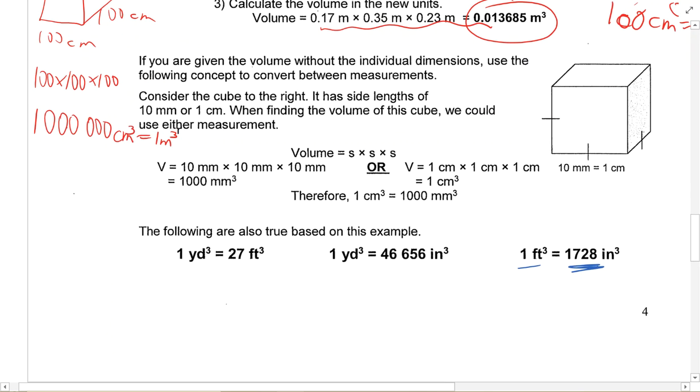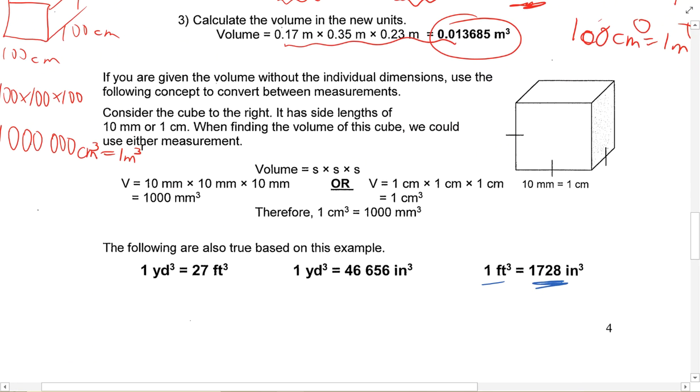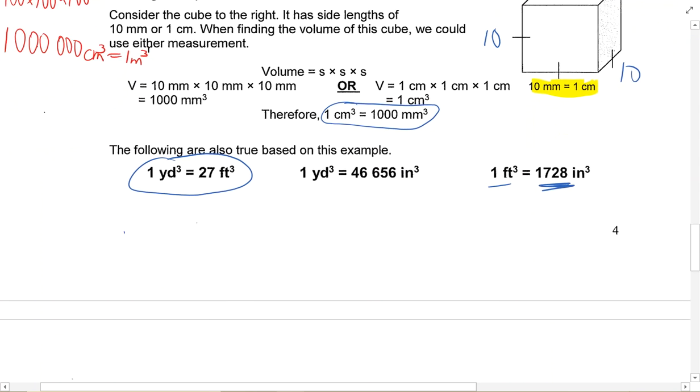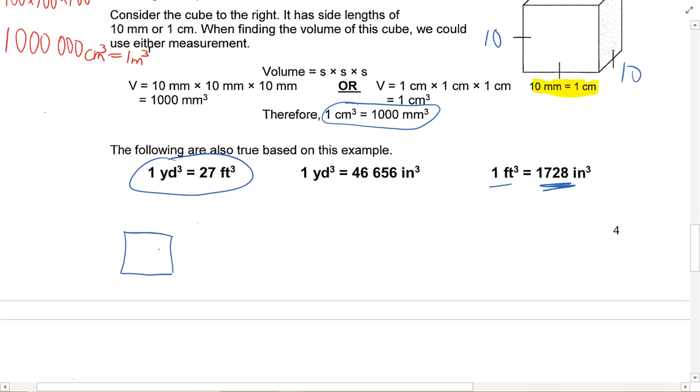Same thing again with centimeters cubed. 1 centimeter cubed is 10 millimeters, so it's 10 by 10 by 10. And so when you're looking at it, it is extremely large. You have to be careful with your cubic conversions. Here's a few others. 1 cubic yard is 27 feet cubed, and that's because for 1 yard, it's going to be 3 by 3 by 3.